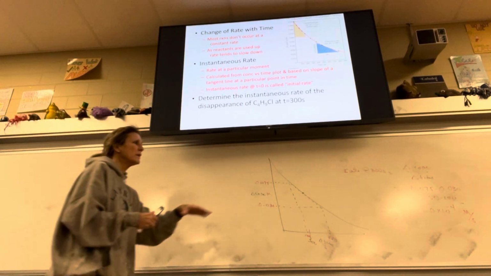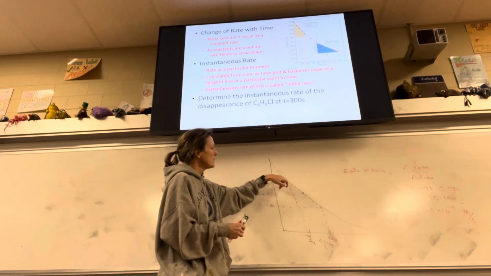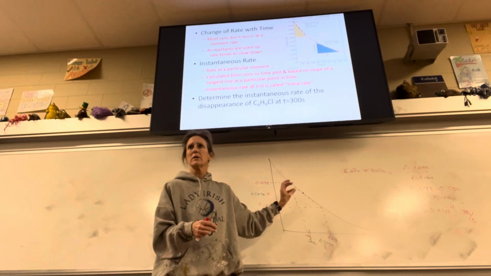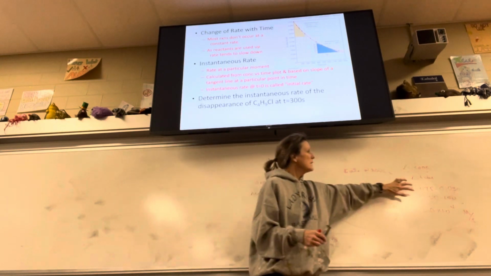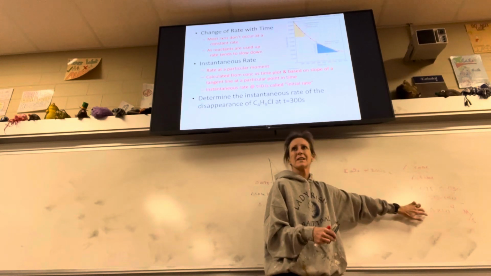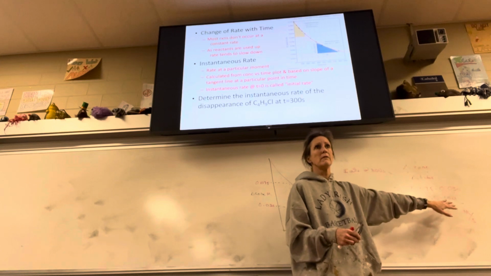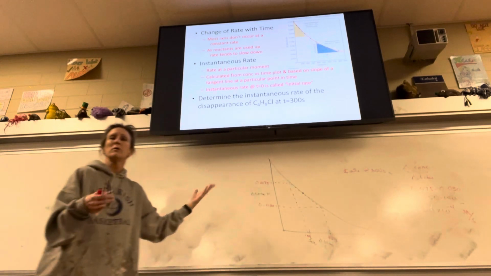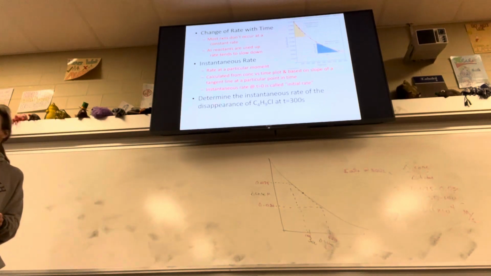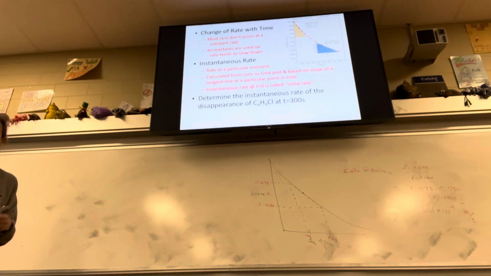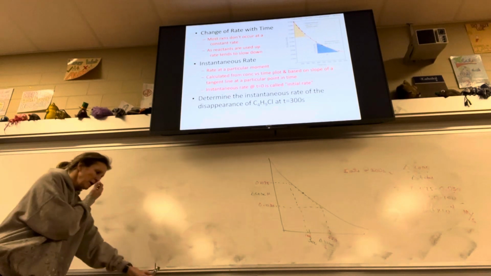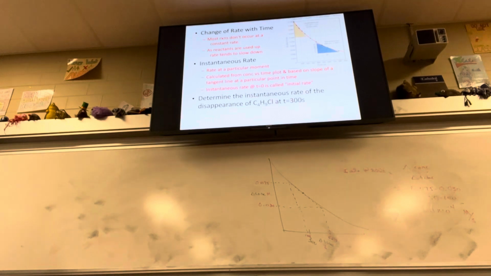Everybody will get slightly different values. If you made a bigger or smaller tangent line, you'll get different numbers, but it's still going to be in the ballpark of 1 times 10 to the negative 4. So on the homework problem, everybody will have slightly different answers, but they should be fairly close together.